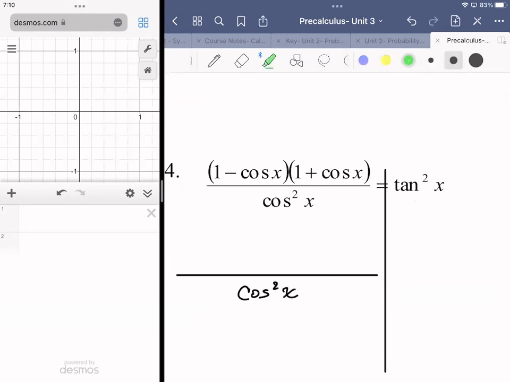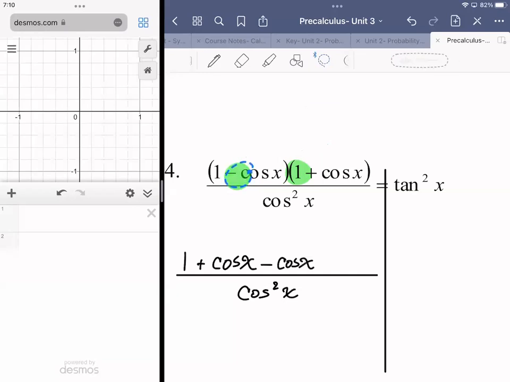All right, so I would take this 1 and multiply it by this 1. Then I would take this 1 and multiply it by this cosine, so plus cosine x. Then I would take this cosine, negative cosine that is, and multiply it by this 1, so minus cosine of x.